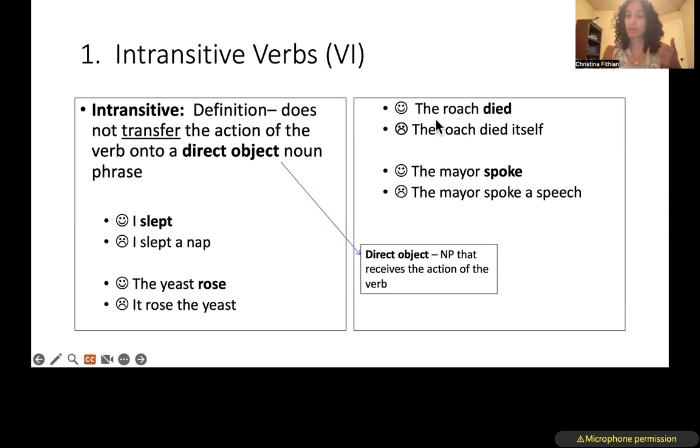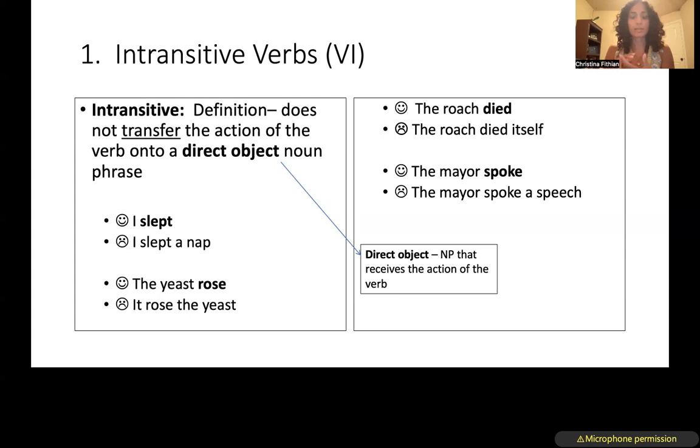I can say, the roach died, but I cannot say, the roach died itself. However, in many languages, you can say that. Once again, in Spanish, you can say, se murió la cucaracha, which literally means the roach died to itself, or the roach died itself. So it's important to note that a verb may be one particular type in one language. It might be a different type in another language.